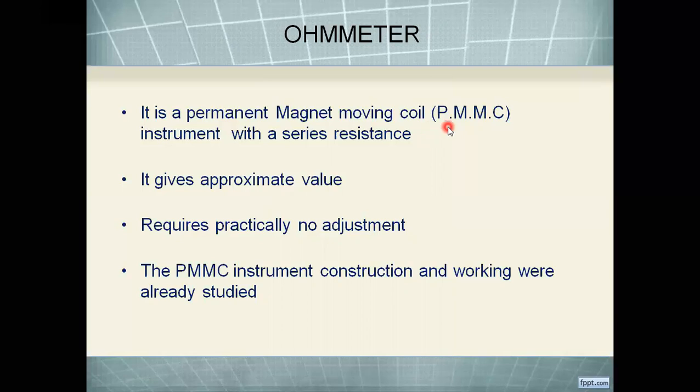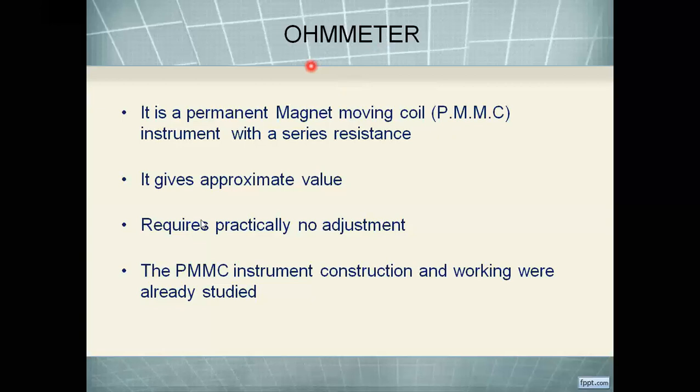The deflection of the permanent magnet moving coil is proportional to the current through it. This is what we have studied about the permanent magnet moving coil. Just having a glimpse again. Now we use the permanent magnet moving coil for our basic ohmmeter.